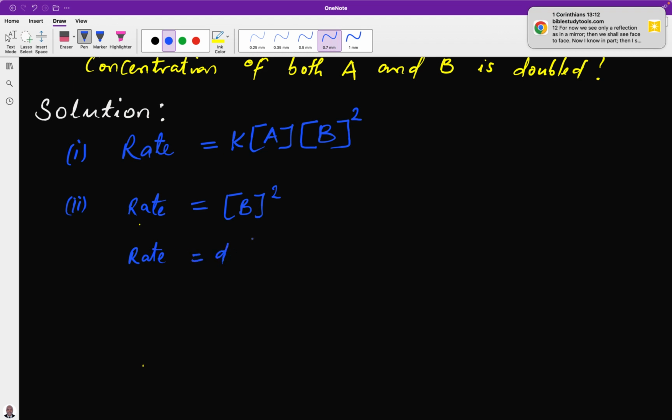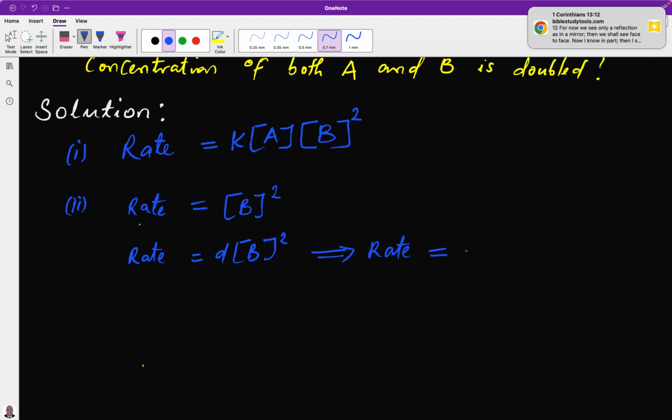The change in the concentration of B. Now, we have been told that the change is tripled.